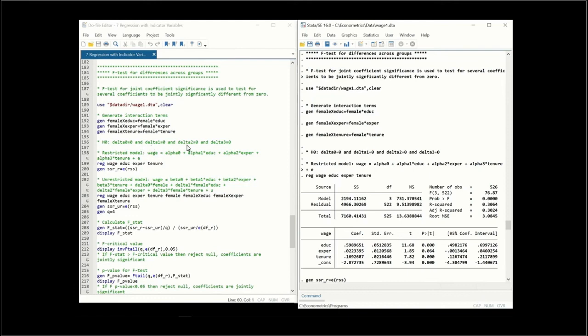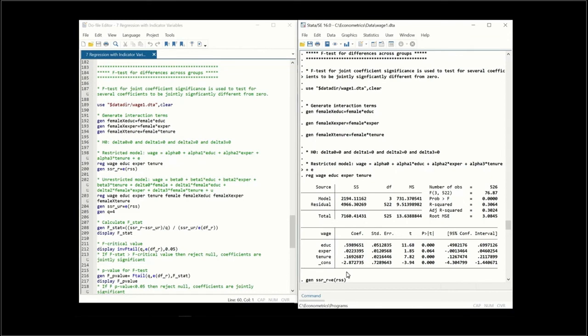interaction terms are not significantly different from 0. The alternative is that they are jointly significantly different from 0. So that's what we're testing. We can estimate, first of all, the restricted model.